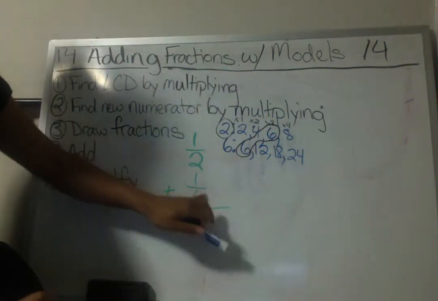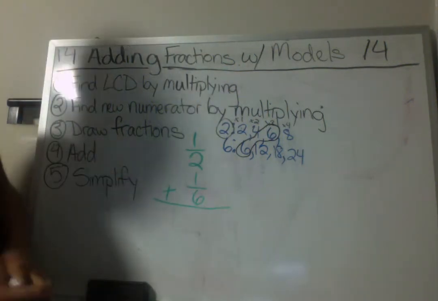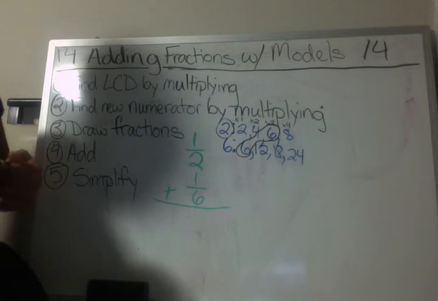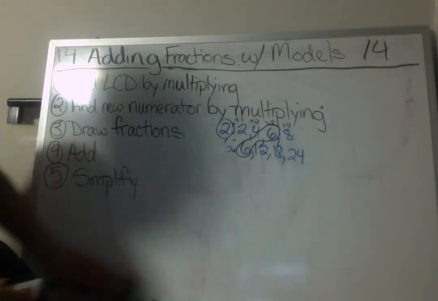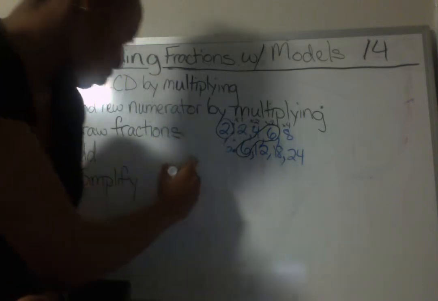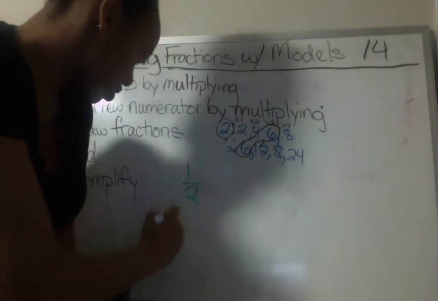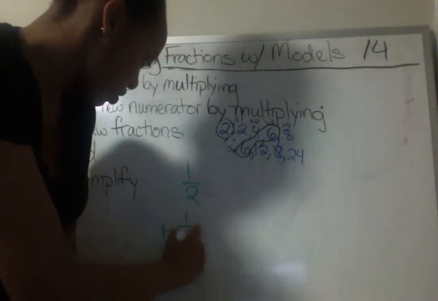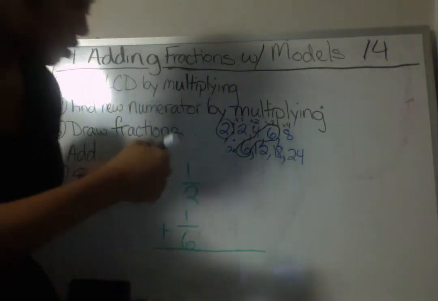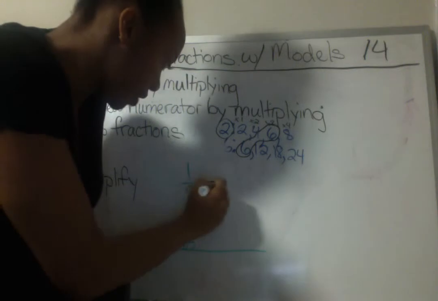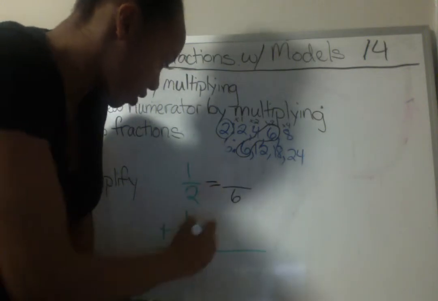So my common denominator is now 6. Let me lower this. So I now know my new denominator is a 6.